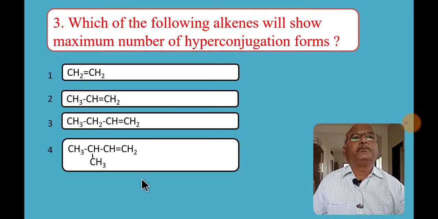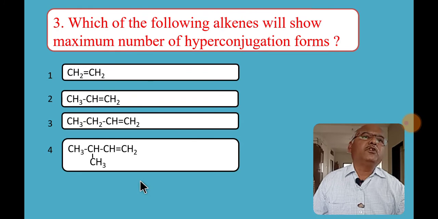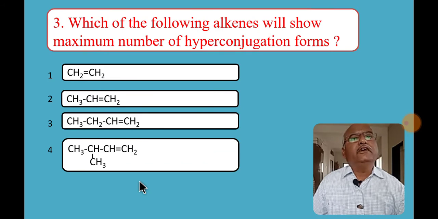Third question, which of the following alkenes will show the maximum number of hyperconjugation forms? This is also a very good question. So, we are going to study about hyperconjugation forms. This is ethylene molecule.